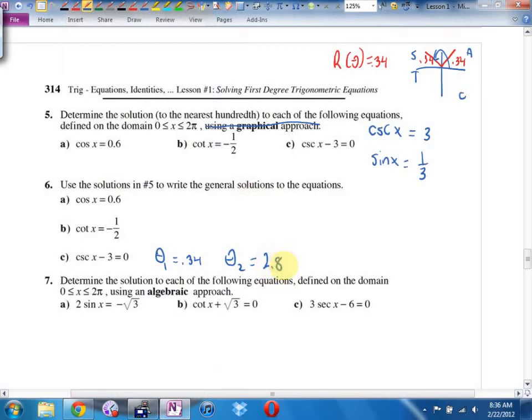And then for 6C, they want the general solution for both of these, and I've written these. There's not much room here, unfortunately, but for both of these, we would say plus multiples of 2 pi, because cosecant goes with sine, and sine period is 2 pi, where n is an integer. Same for this one, cotangent of 1/2. I would flip both sides.